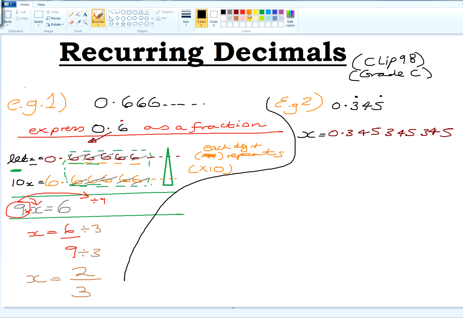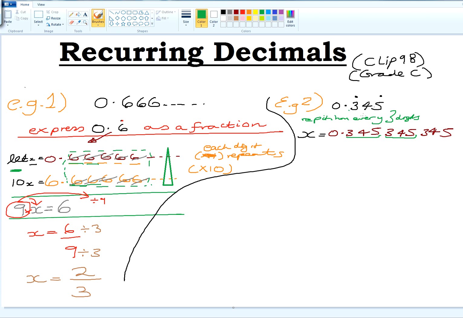Now we have to look at this number and say how often this number repeats. So if you look over here, 345 and then another 3, 4. It repeats after how many digits? 3. So every 3 digits it repeats. Okay. So we have repetition every 3 digits.